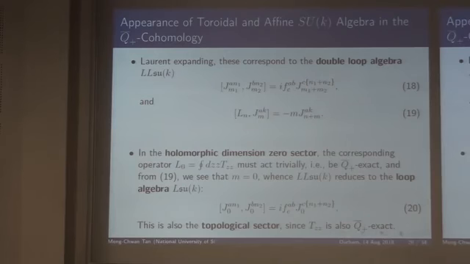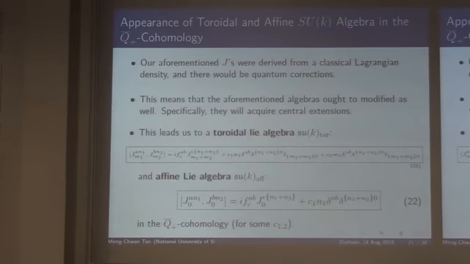But this is not the complete story, because the currents that we used in this computation were the classical expressions. Of course, the sigma model flows and there are some quantum corrections, and when you include the quantum corrections to the currents and then compute the OPEs, you end up getting the toroidal algebra, as I mentioned. And these currents are in the Q homology.